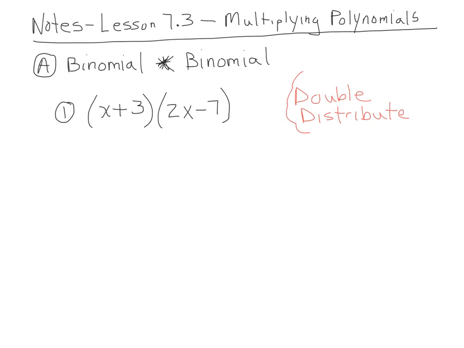That's a great way to remember what to do, and that's for a binomial multiplied to another binomial. Now, another way that is taught is called FOIL, the letters F-O-I-L.